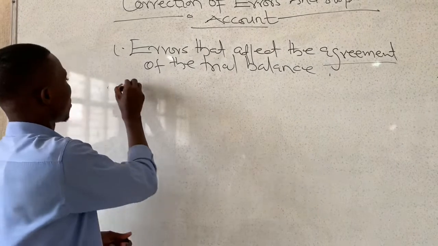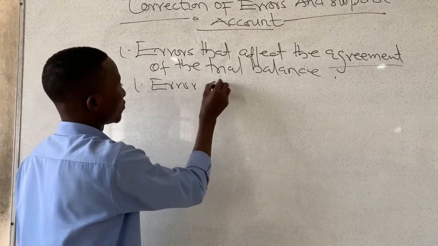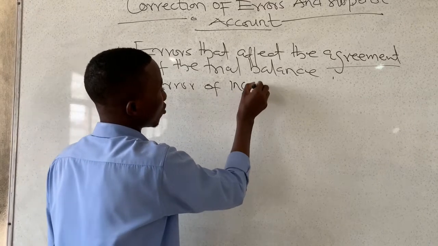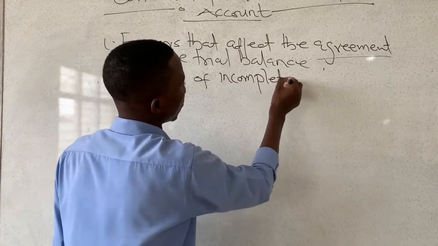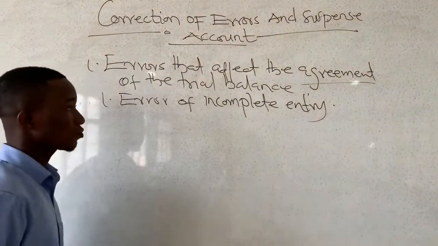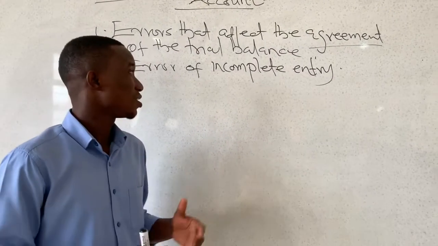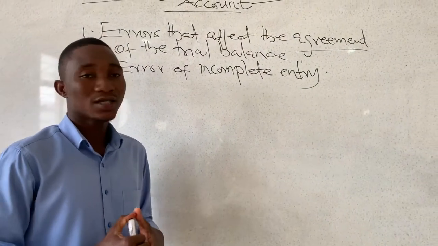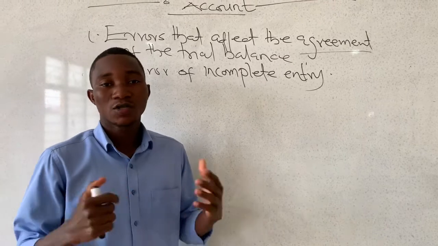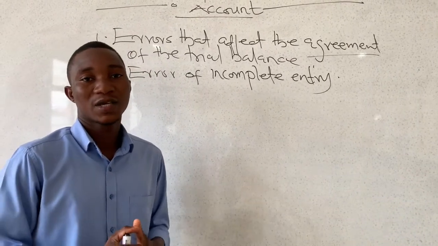So 1, we have error of incomplete entry. Okay. So when we say error of an incomplete entry, what does it mean? Error of incomplete entry means, or it occurs, when only one aspect of a transaction has been kept. Okay.